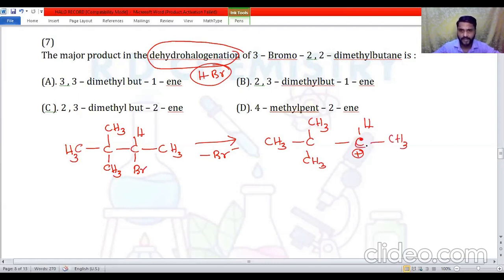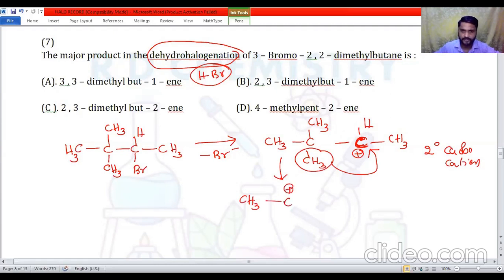This carbon is attached to 2 more carbon atoms directly. Secondary carbocation. Check whether we can have a tertiary carbocation from this. We can get a tertiary carbocation provided this methyl group is shifted to the immediate carbon atom. And this is known as the 1,2 methyl shift. So I can write now CH3, C, positive charge shifted.